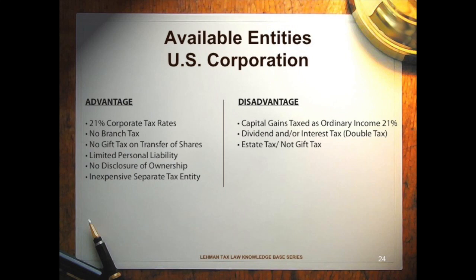There will be no gift tax on the transfer of shares. There's an exclusion for gift tax. There'll be no personal liability because the corporation will separate you from personal liability. There'll be no disclosure of your ownership because you own shares in a company. You don't own the asset directly. And a U.S. corporation is not an expensive entity to set up.